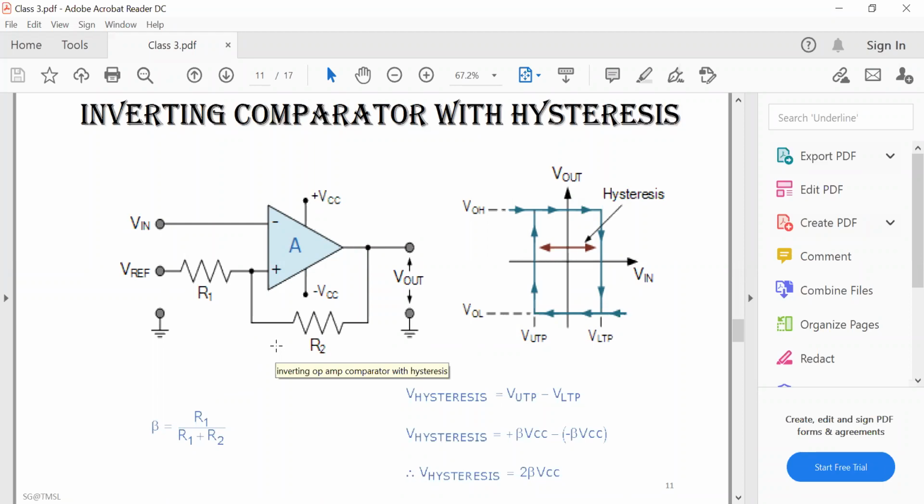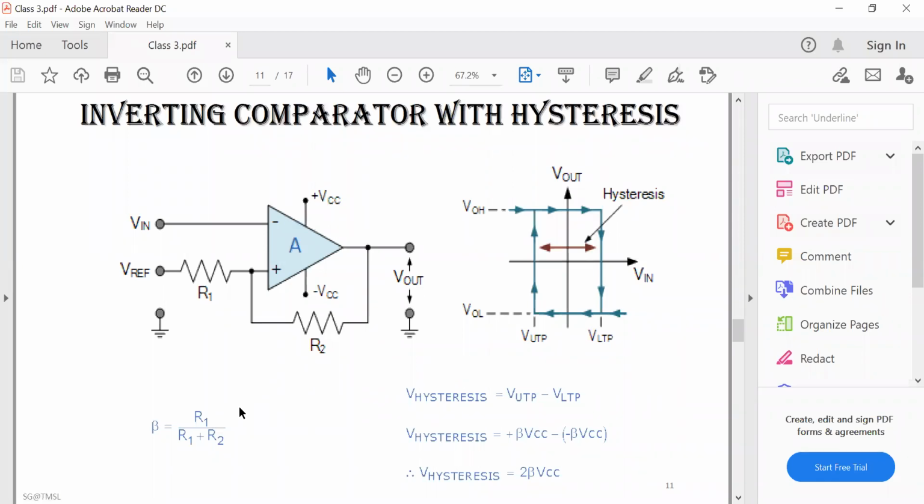The amount of feedback is determined by the resistive ratio of the two resistors used, which is given by this equation: beta equals R1 by R1 plus R2, where beta indicates the feedback fraction. It is called the feedback fraction.